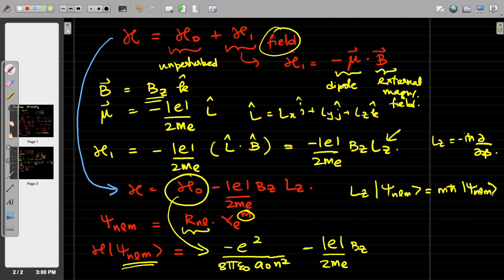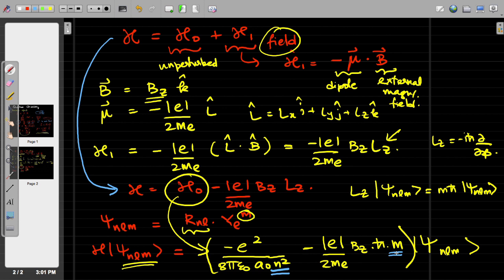So this is nothing but h cross times the m value, giving back psi nlm. That's what we end up getting as the final sum. This is important to understand: previously the energy was not dependent upon any quantum number apart from the n quantum number, and now it also gets perturbed based on the m quantum number.